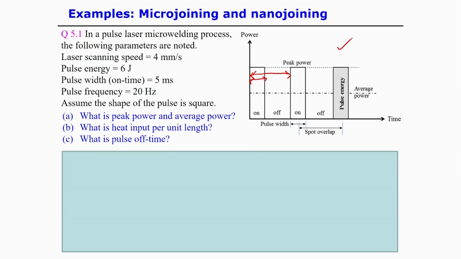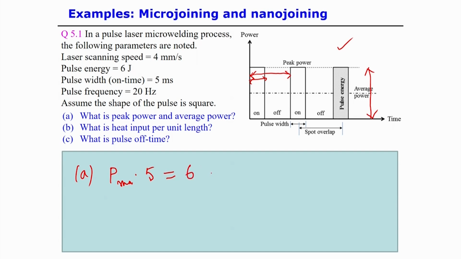Suppose we assume this is the peak power. To solve question A, the peak power over the duration of the pulse on time, which here is 5 millisecond, represents the area, that means pulse energy equal to 6 joule.